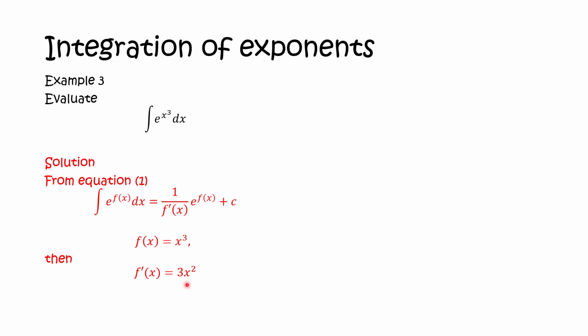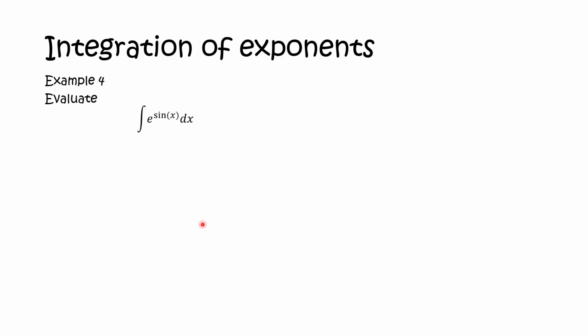Now, with that, we are going to find the integral of e to the x cubed. So we just substitute from what we had from equation 1, so that our final answer becomes 1 over 3x squared times e to the x cubed plus c. Let's look at example 4.